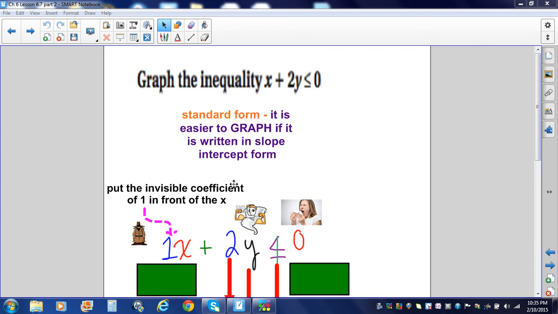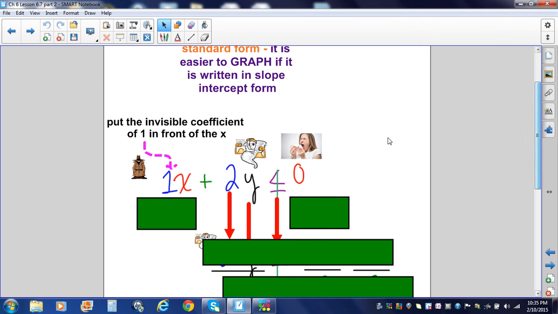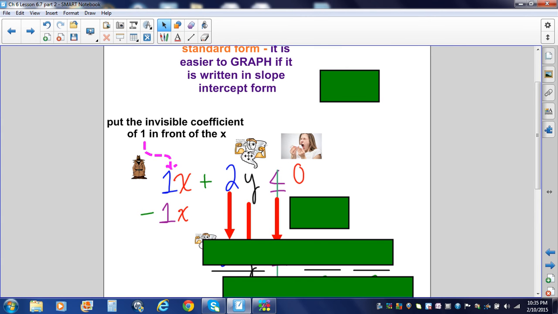So the first thing I'm going to do is put the invisible coefficient of 1 in front of the variable x. Now I'm going to say that y is a tornado, or y has a cold. And we want to move the term 1x to the other side of the equation.